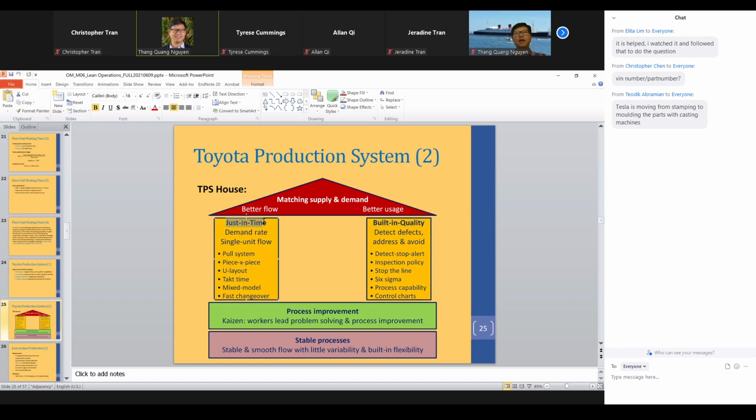Just in time means that literally, right? If you need the door to put on that car, then the vendors will bring the door right when you need it. They should not bring it in earlier. For example, 1 hour earlier, right? It sounds good, but then where's that door? You have to build another room for the door.